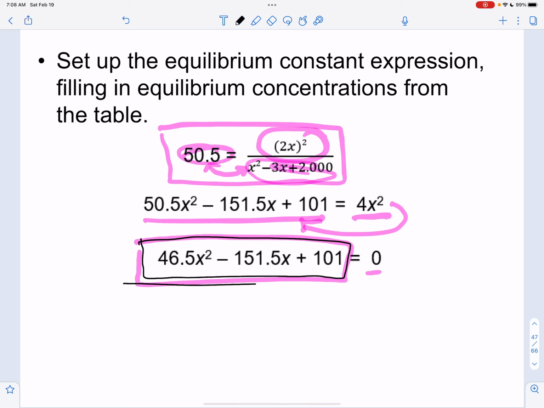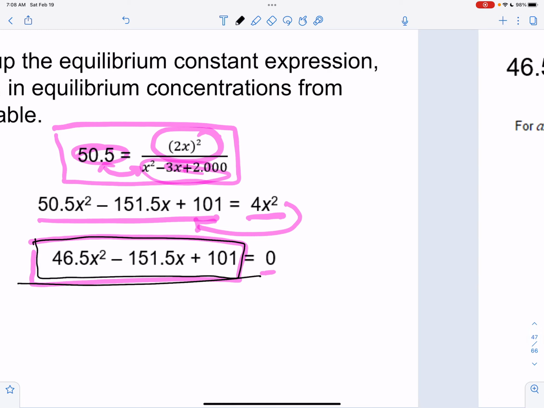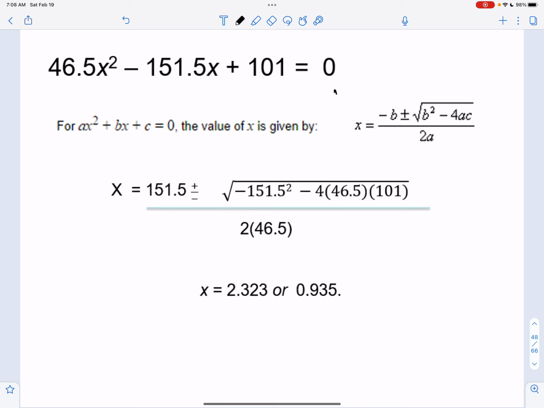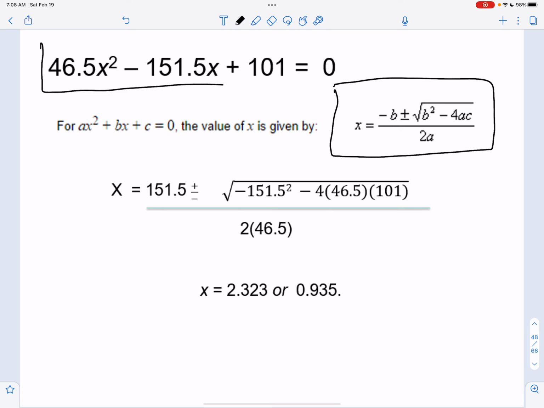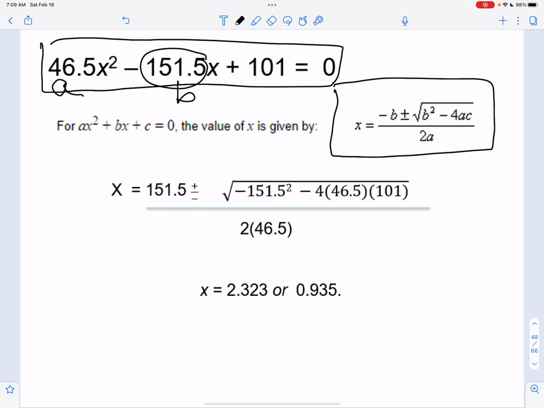And with a quadratic, we can get the value of x by using the quadratic expression. And this is the quadratic expression. So you came up with this after doing all the math that you know how to do. This is A, this is B, and this is C. And then just fill in the quadratic expression.